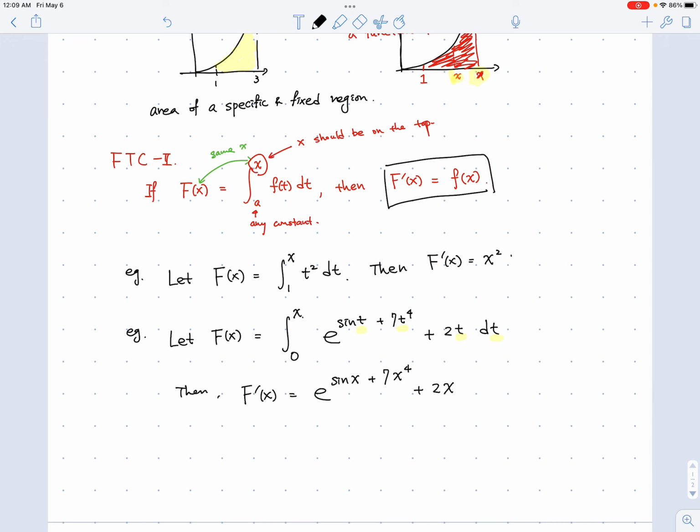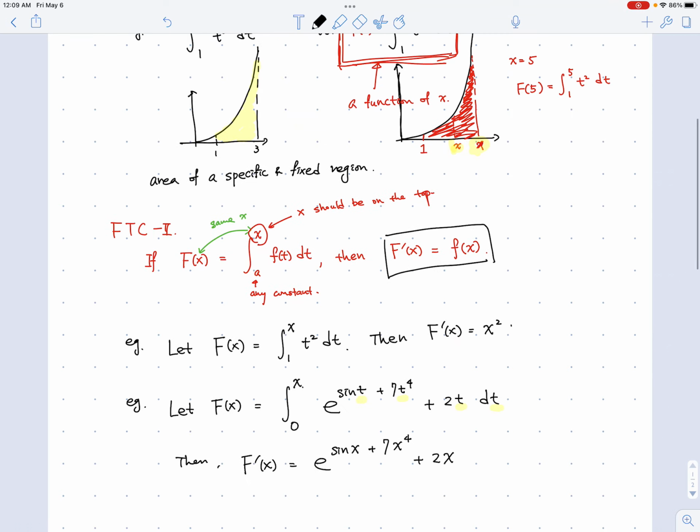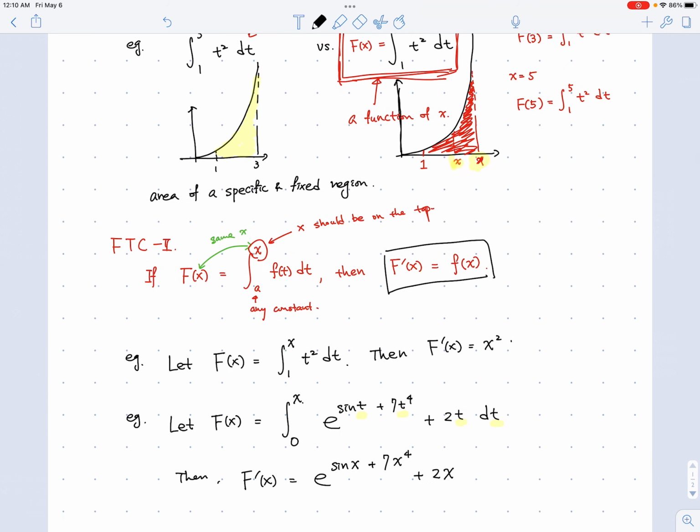The derivative is equal to the integrand, but using the variable x. That's it. Every time you see a function defined like this, as long as the constant is on the bottom and the x is on the top, all you need to do to find the derivative of such a function is take the integrand and use x as the variable. So capital F prime is equal to little f.